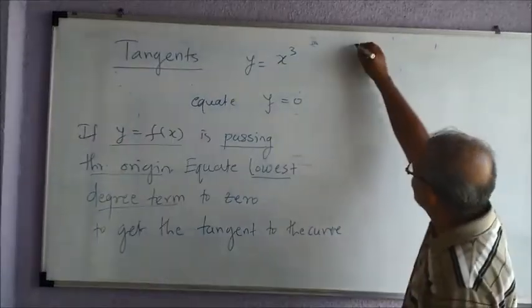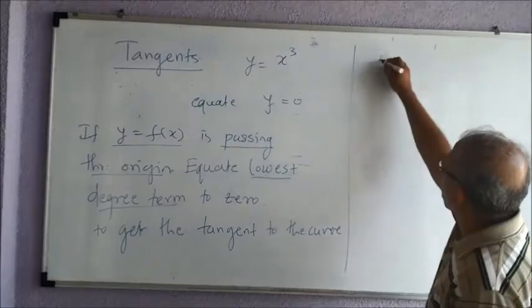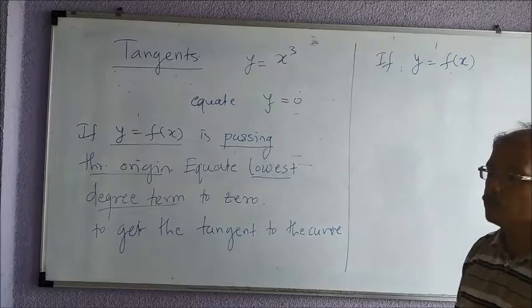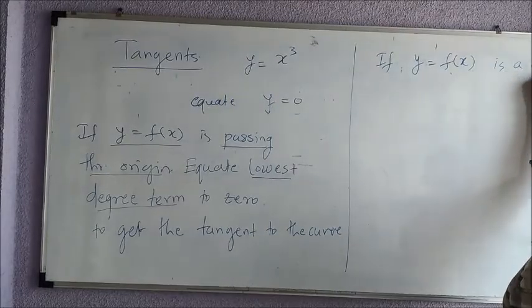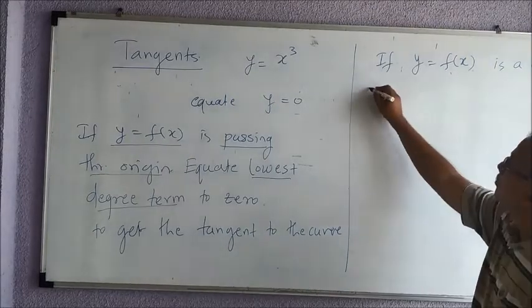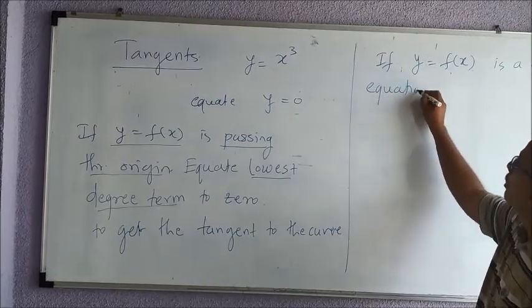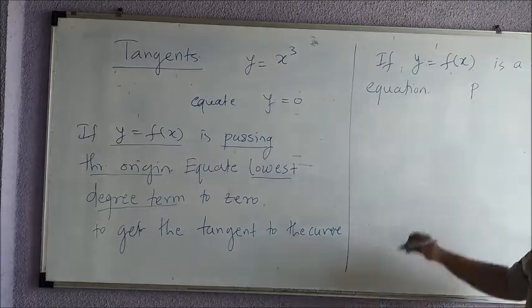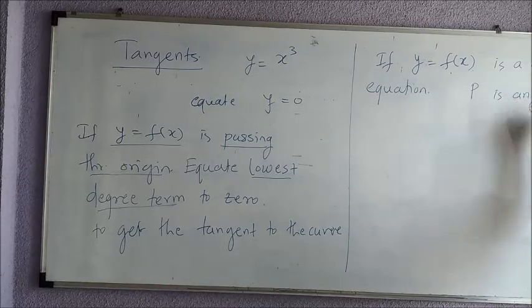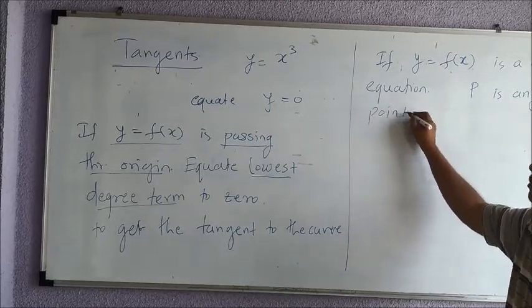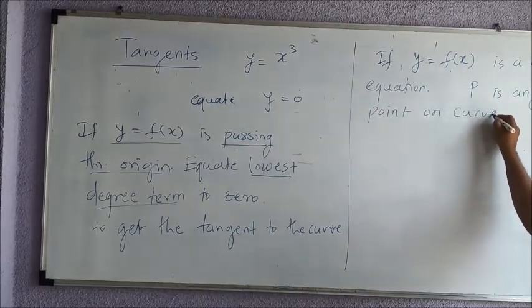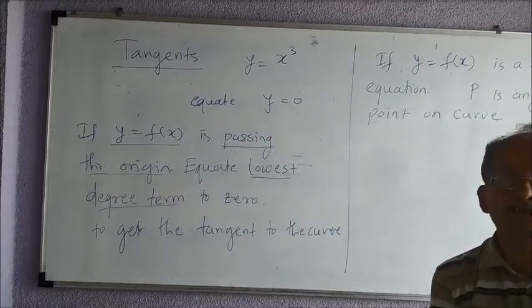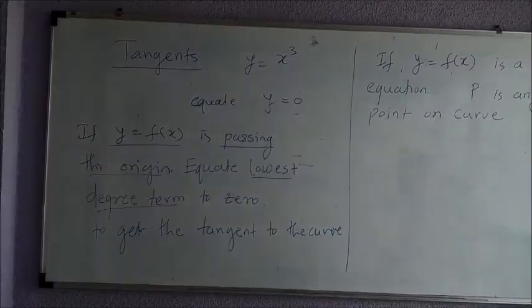See that if y equal to f of x is a given equation, and P is any arbitrary point on the curve, how will we find the tangent at this point P and its nature?